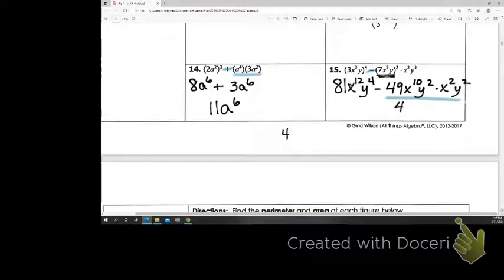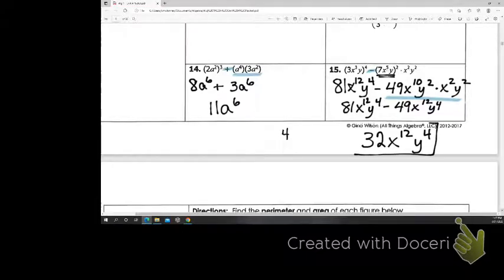So this becomes 49x to the 12th, y to the 4th, which is handy because that actually is the same variables and same exponents. So now 81, take away 49, 32, I believe. And then again, that's a subtraction step, just combining like terms. Don't change the exponents on that step.